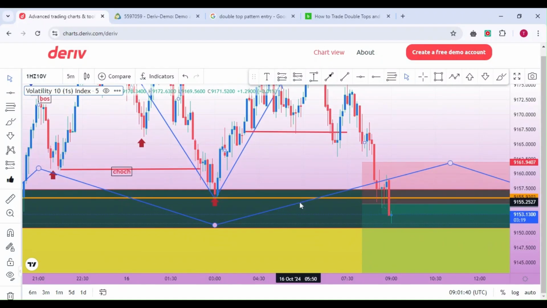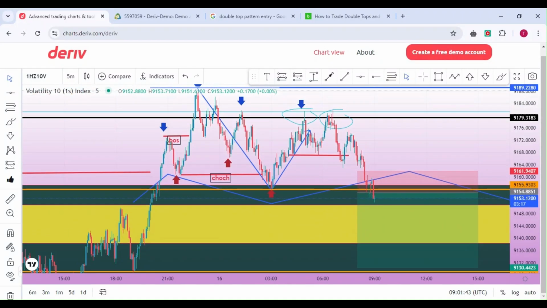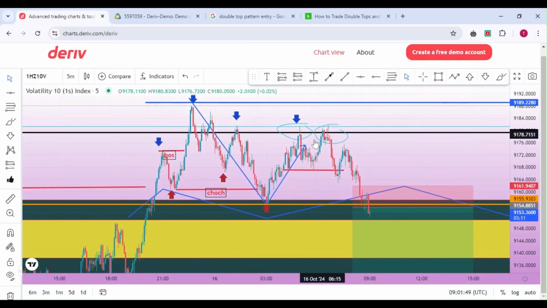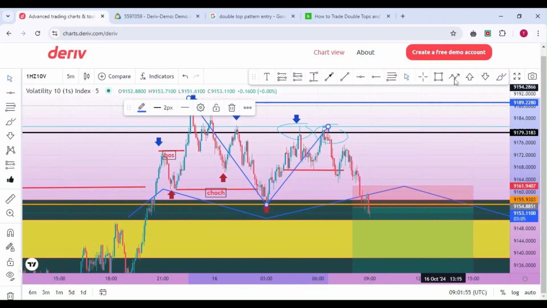So we will move from this zone which has been acting like a consolidation point. We expect now the market will proceed to the downside very well without any hesitation.